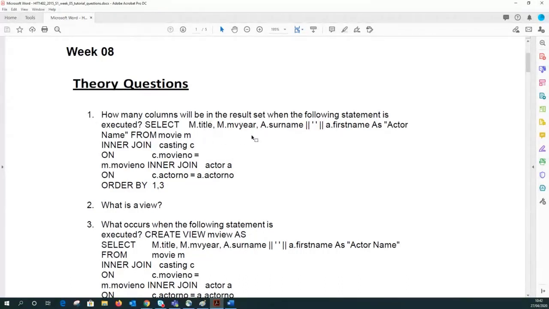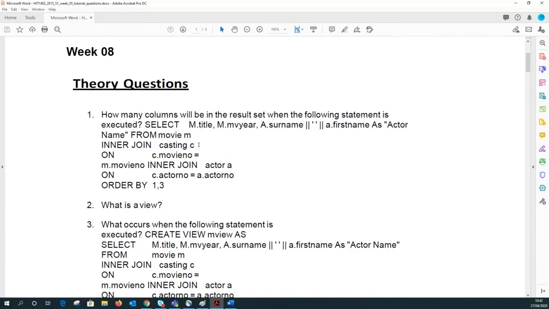What is the number of columns in our final report? So title, movie year, so 2 columns, and the third column is a combination of these 2 columns, surname and the first name. So we have basically 1, 2, and 3, 3 columns.